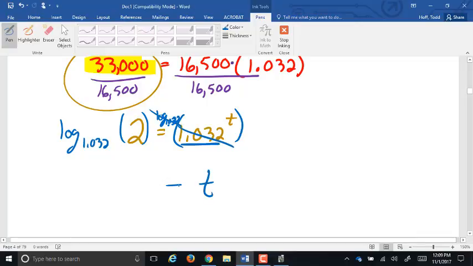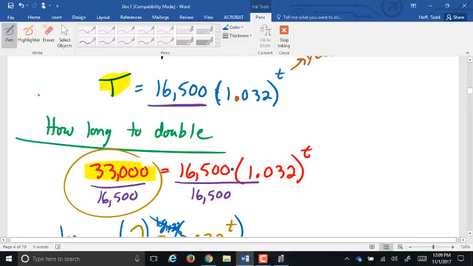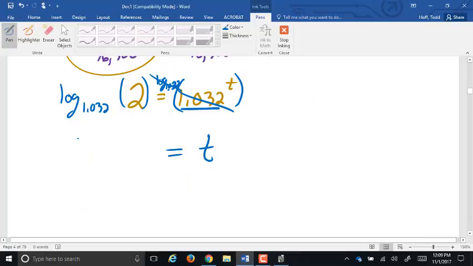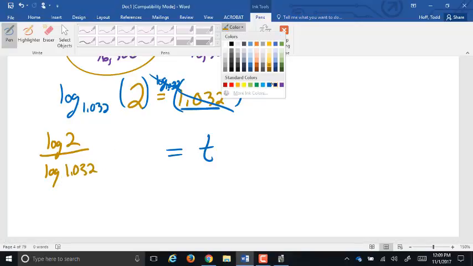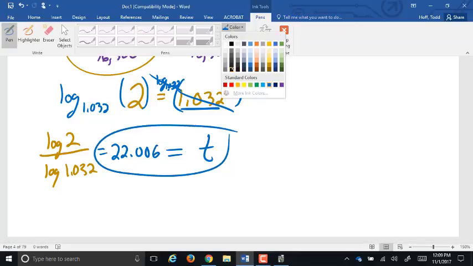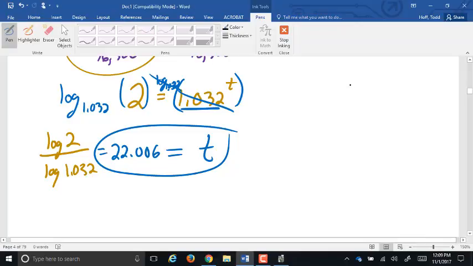So that cancels out here, giving us t, and we saw that the log base 1.032 of 2 was going to be the log of 2 over the log of 1.032, which gave us a result of 22.006, apparently. So now, rather than having to fill out those tables and guess numbers and check them, we can solve these equations directly.